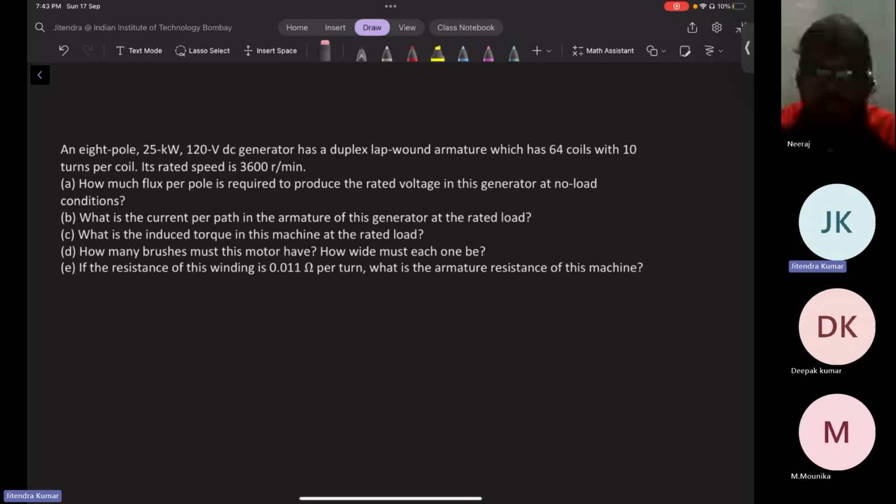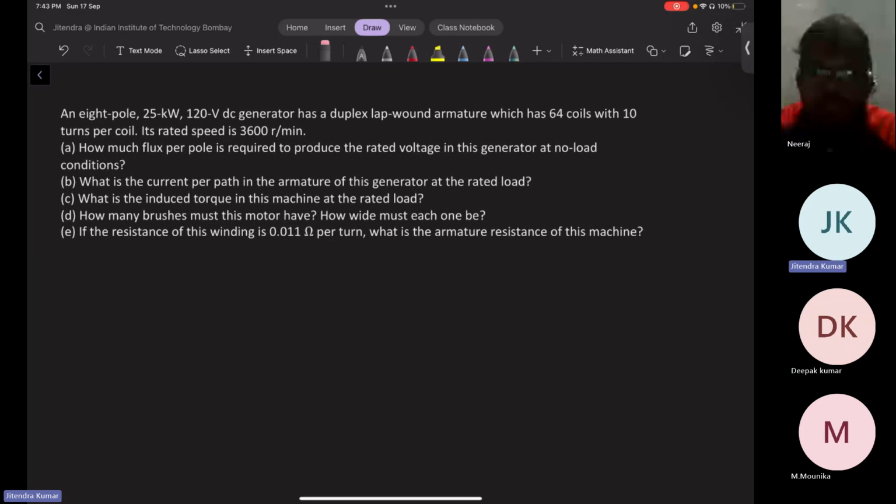Okay. So let us focus on this problem. An 8-pole 25 kilowatt 120-volt DC generator has a duplex lap wound armature which has 64 coils, with 10 turns per coil. Its rated speed is also given.